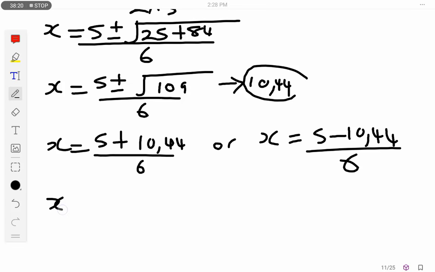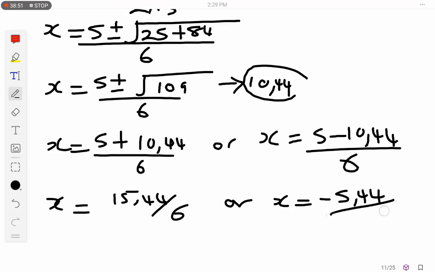So it's going to be x equals 15.44 over 6, or x equals minus... Here I get minus, that's not a minus 6, that's a minus 5. If we say 5 minus 10.44, that's a minus 5.44 over 6.